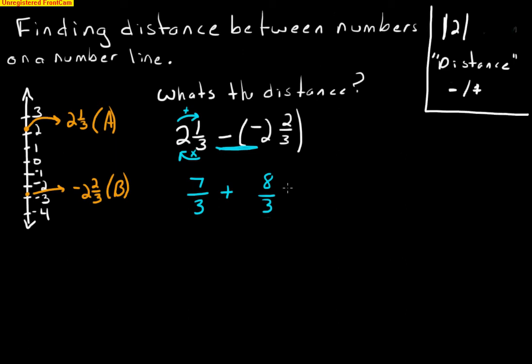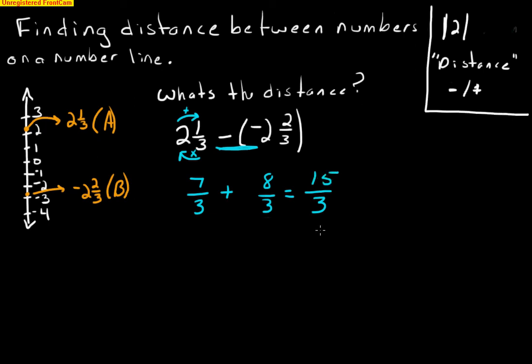Now we have two fractions that have the same denominator, so we know it's over 3. We don't have to change anything. These are both positive, so we just add them. 7 plus 8 will give you 15.